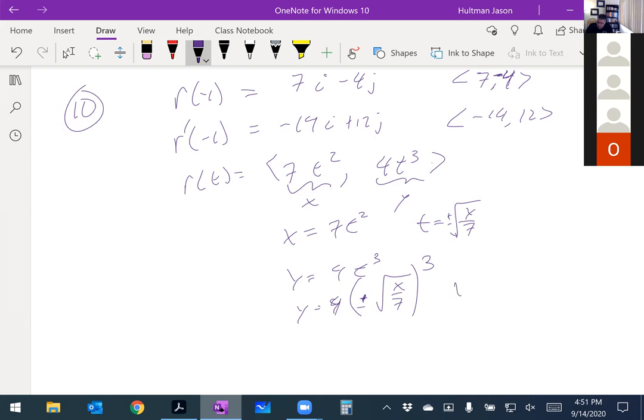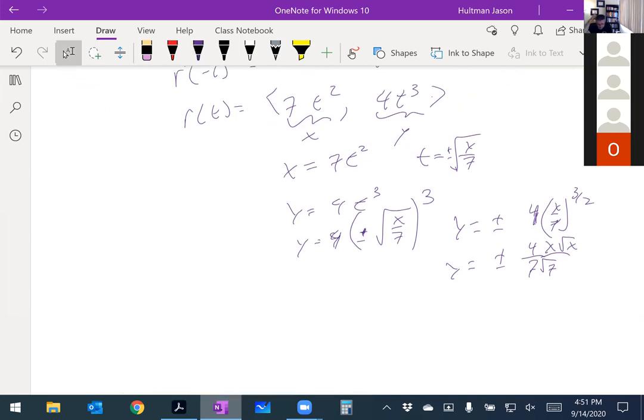So y equals plus or minus 4 times x over 7 to the 3/2 power, right? So this is going to be plus or minus 4 over 7 radical 7, times x radical x, is equal to y.